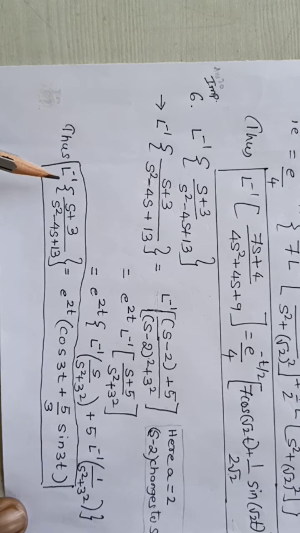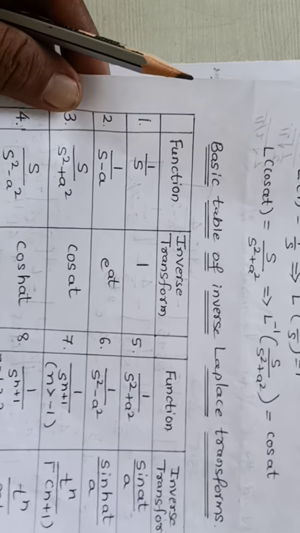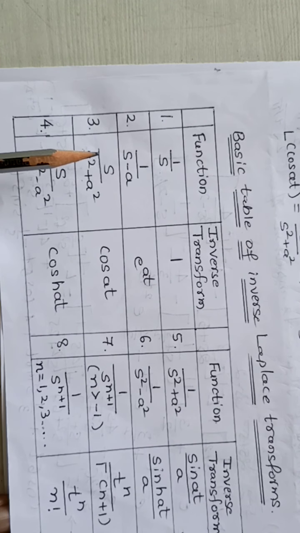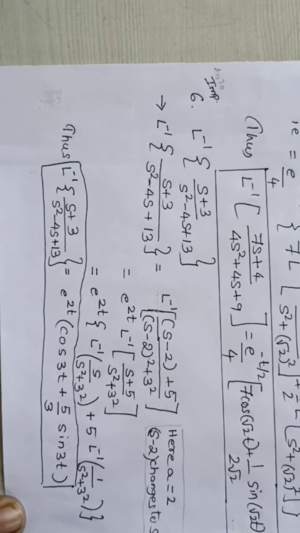So thus Laplace inverse of the given function is equal to e raised to 2t times s upon s square plus a square, s is there, definitely it is cos 3t. See here, Laplace inverse of s upon s square plus a square is equal to cos at. Here a is 3, so cos 3t, plus 5 there.